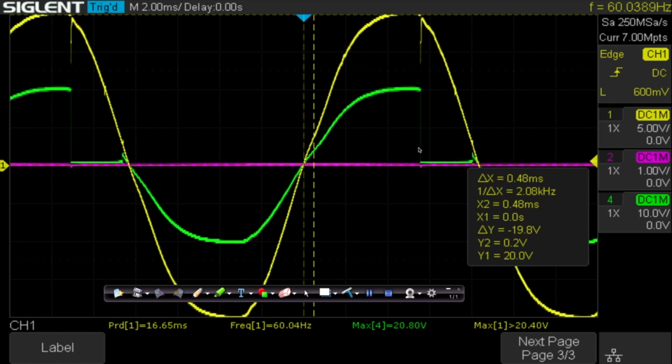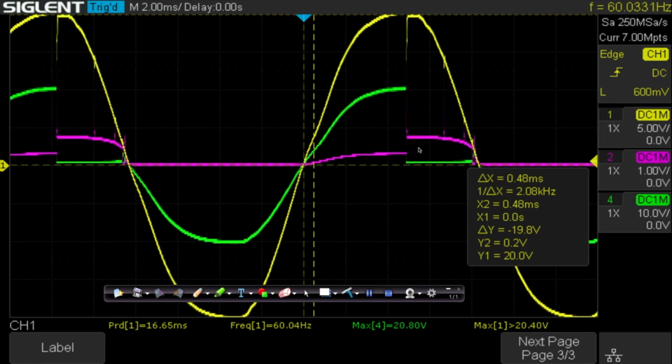I'm just going to momentarily connect channel 3. It is a 4-channel scope, so why not use it? That is connected to the gate pulse feeding into the SCR. That's the purple magenta line. You see there's a vertical line.